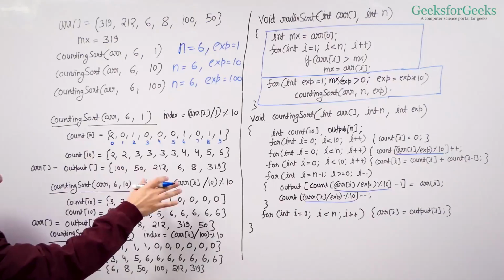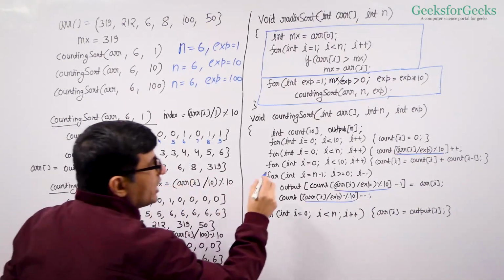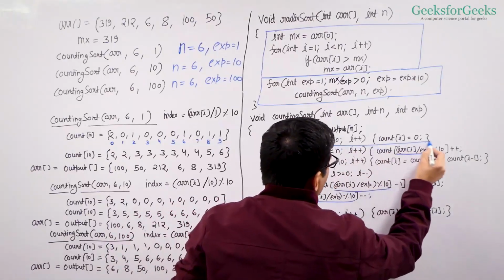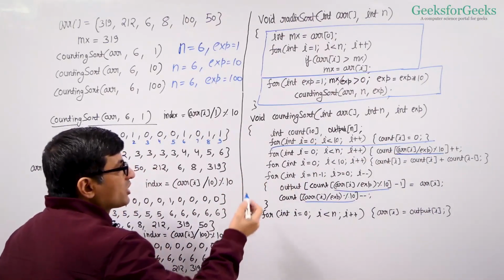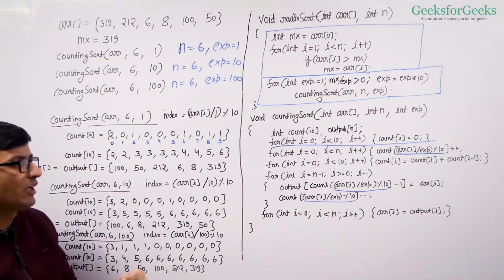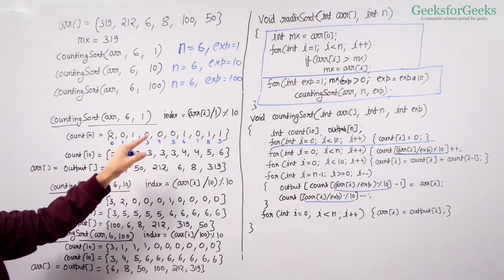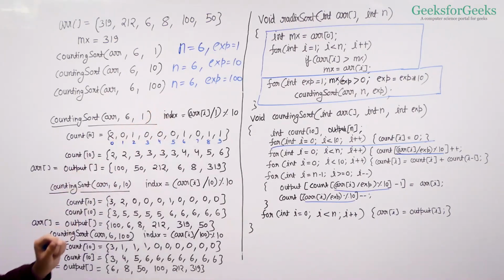So the first thing that we do in this counting sort algorithm is we make a count array, right? And we initialize this array as 0. Now we traverse through our input array and we fill the counts of individual elements according to the current digit. The current digit we are considering is the last digit, because exp is 1 at this moment.